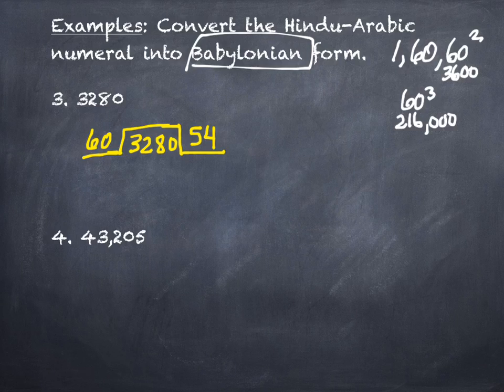Next thing you have to do, just like you did back in grade school, is 54 times 60. What is 54 times 60? 3240. So it actually took 3,240 of those $1 bills to give you 54 $60 bills.